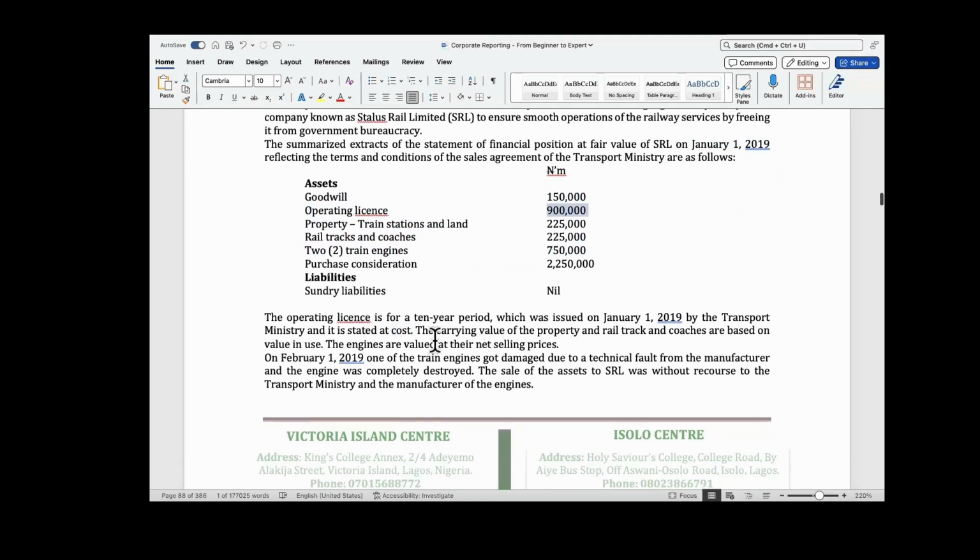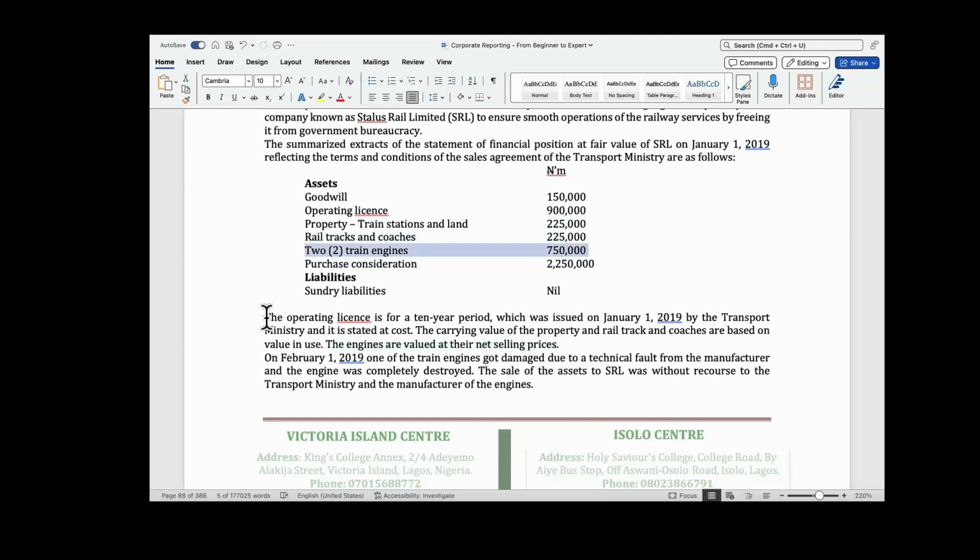So they now say the carrying value of the property and rail tracks are based on value in use. And they said the engines are at selling price. So the 2 engines, they said this 750 is the selling price.